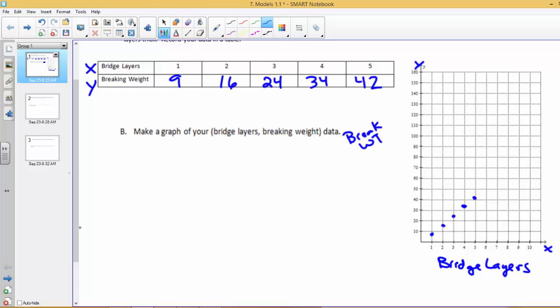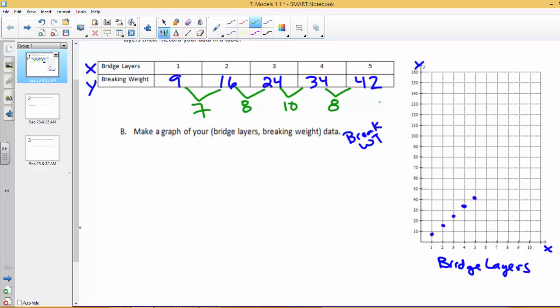Now, we're not going to connect the dots. What you can do is draw a best fit line. But first, let's analyze the difference between each of them. If you do 42 minus 34, you get 8. 34 minus 24 is 10. 24 minus 16 is 8. And 16 minus 9 is 7.